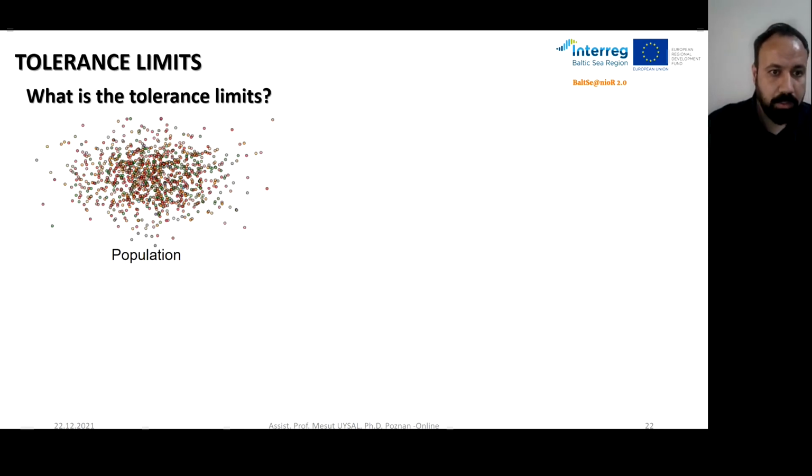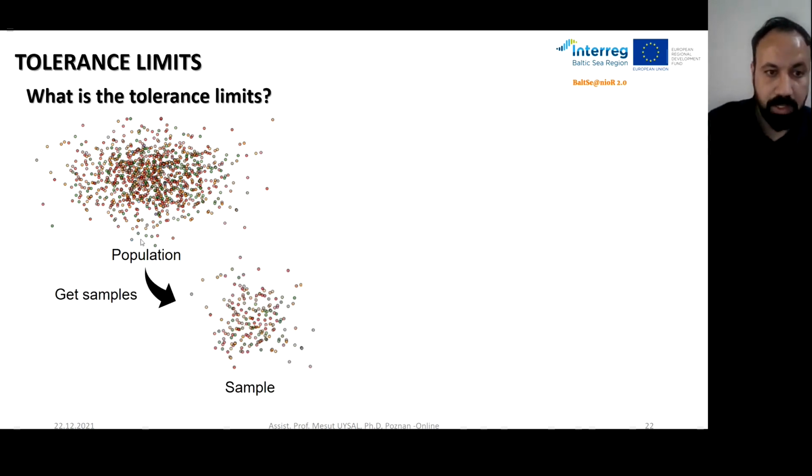For tolerance limits, we define a population. This population might be a chair. We need to test this population, so we need to get some samples, and these are my samples from my population.